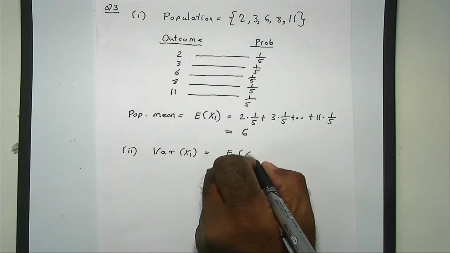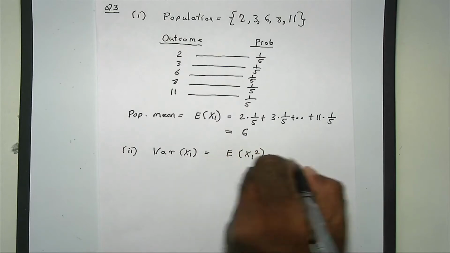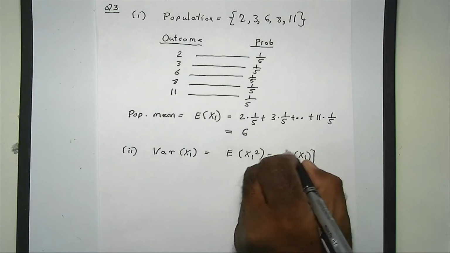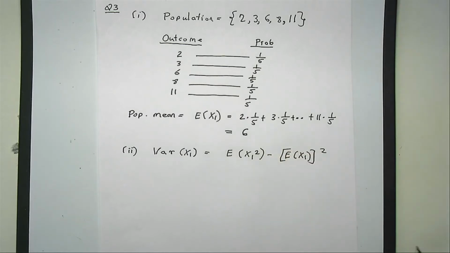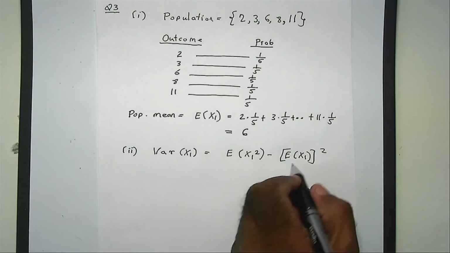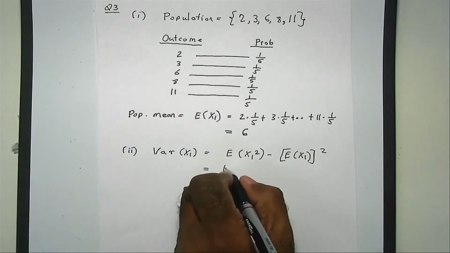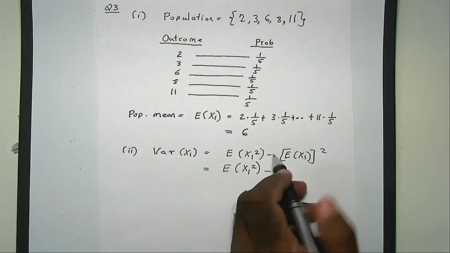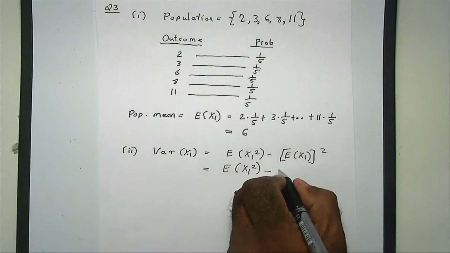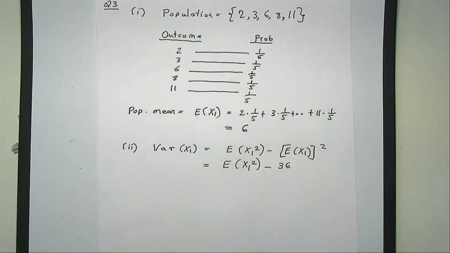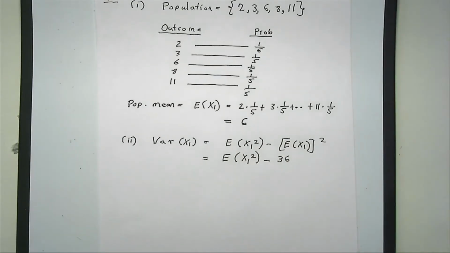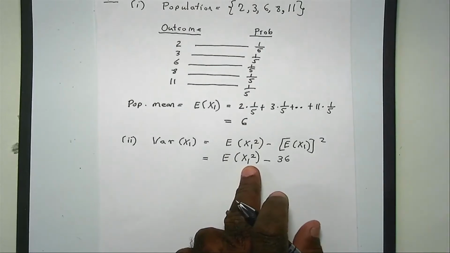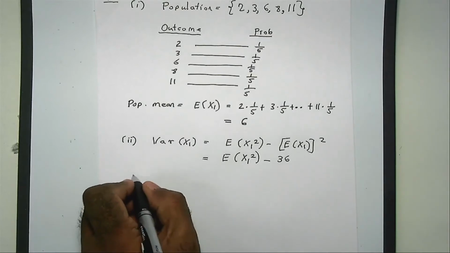I'm sure you did this in probability 1, which you took last semester. Now this guy here, we already know what it is. So this is the expectation of x1 squared minus the square of 6, which is 36. So what we need to find, guys, is the expectation of x1 squared. So that's what I'm going to do.